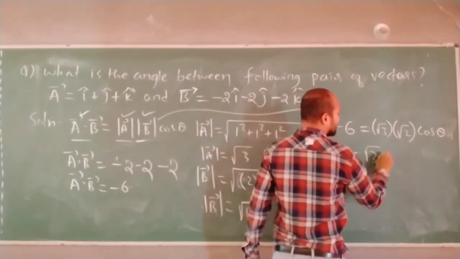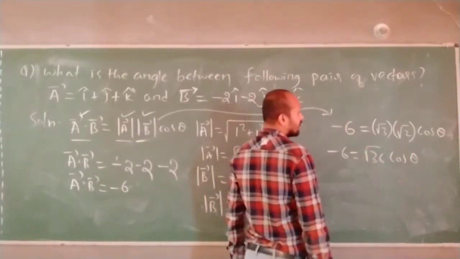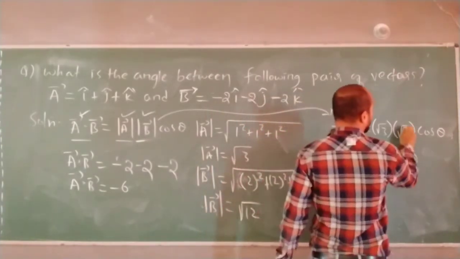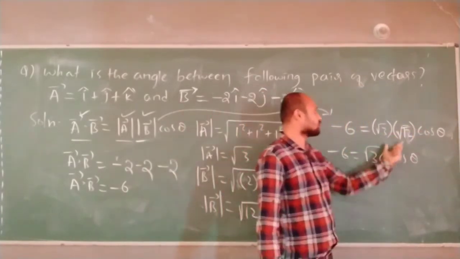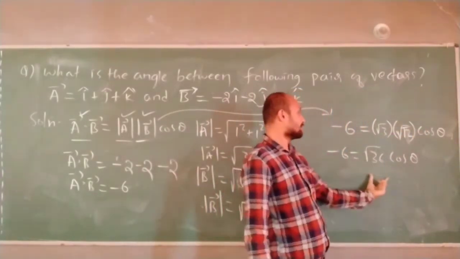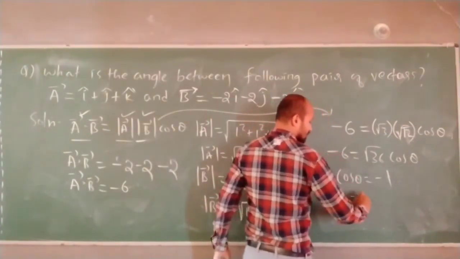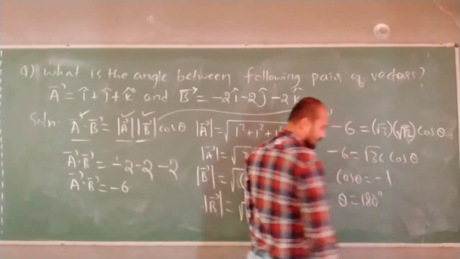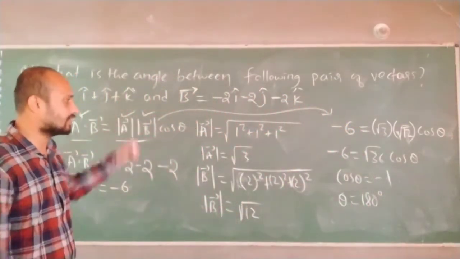Root 36 cos theta. Root 36 is 6. This is 12, sorry, this has to become 12. So root 3 into root 12, root 36, it becomes 6. Cos theta is equal to minus 1. Theta will be equal to 180. I believe the second method is very simple when finding the angle, if you know the methods.